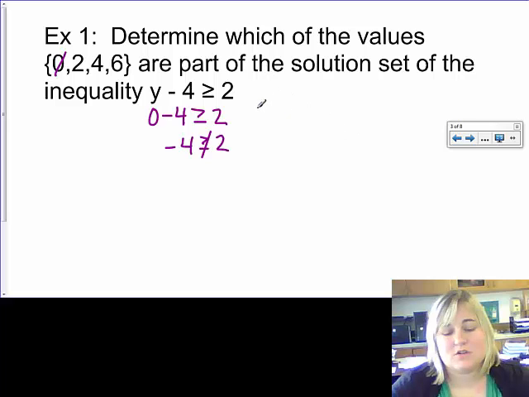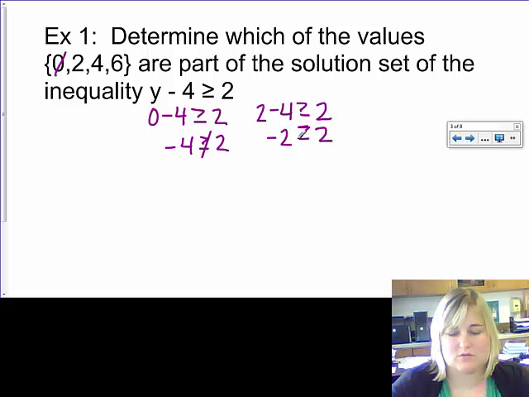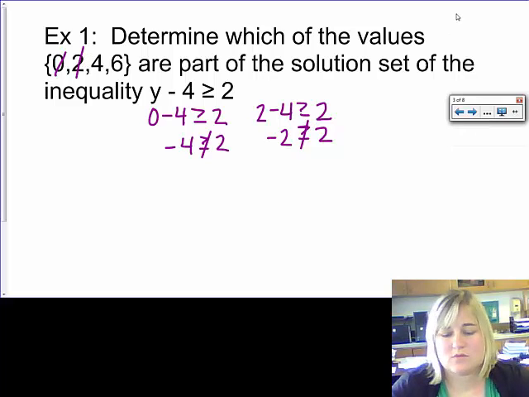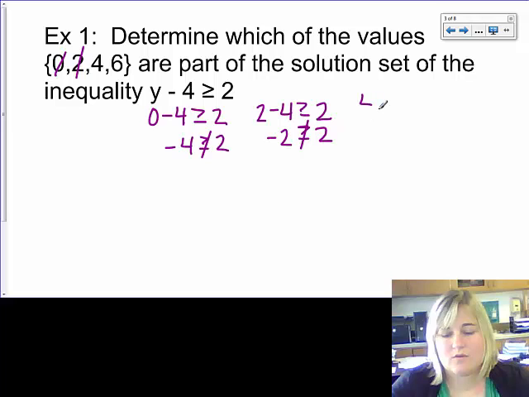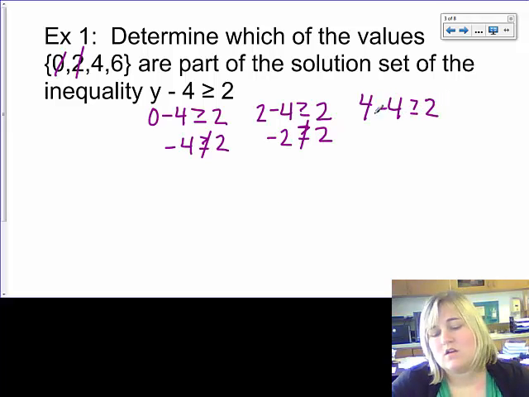If I put in 2, 2 minus 4 is greater than or equal to 2. 2 minus 4 is going to give us negative 2, greater than or equal to 2. That's also not true. The next one, if I put in 4, 4 minus 4 is greater than or equal to 2.